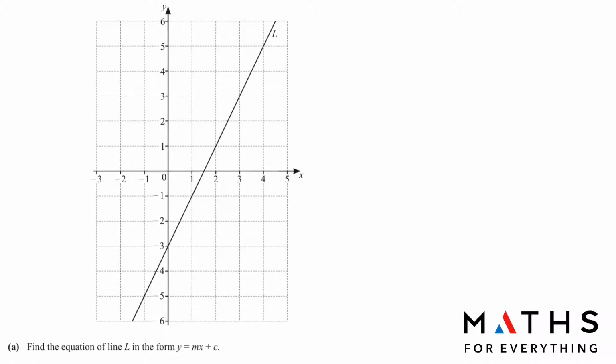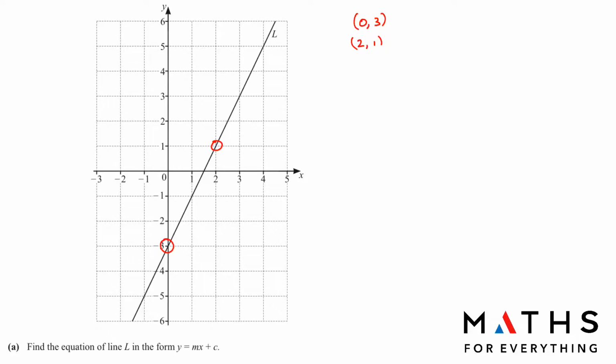I prefer to choose the one which has a 0. So this one is 0, 3. X is 0 on the y-axis and y is 3. And the other point we can choose is 2 and 1. Write the x value first, so 0 and 3 and 2 and 1.